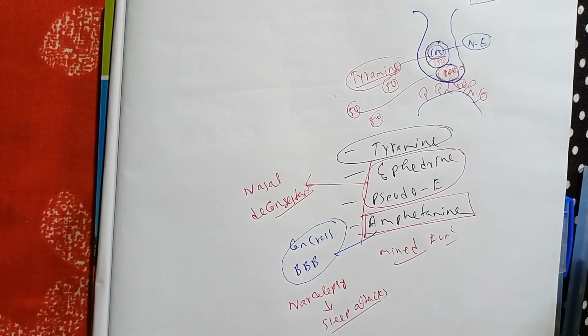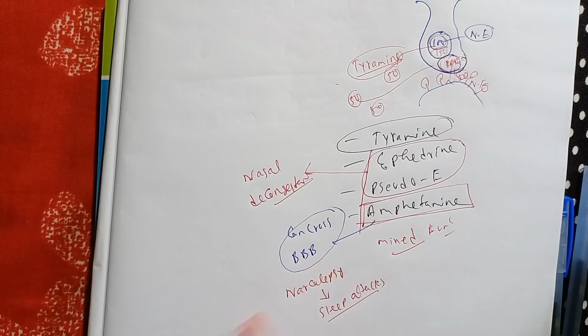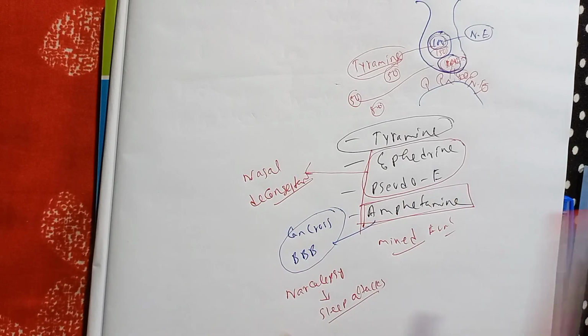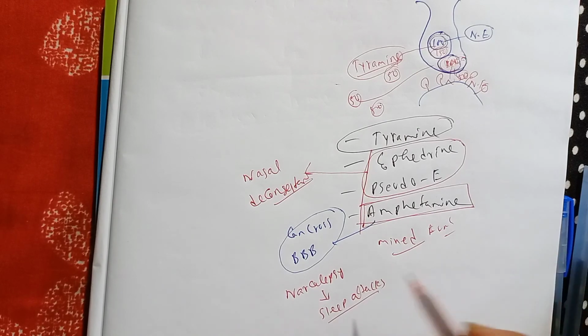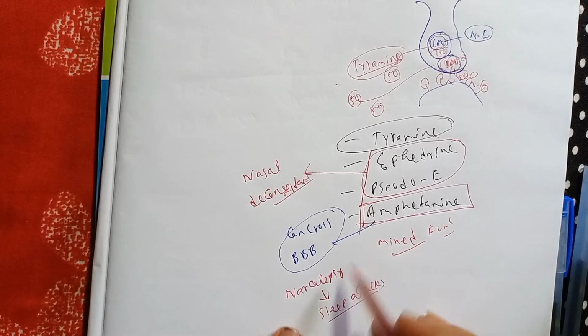That means the person is driving, suddenly he gets sleepy. If the person is walking, suddenly getting sleepy. In this type of condition, you can use amphetamine, because it will go there and it will be helpful in case of the sleep attacks.